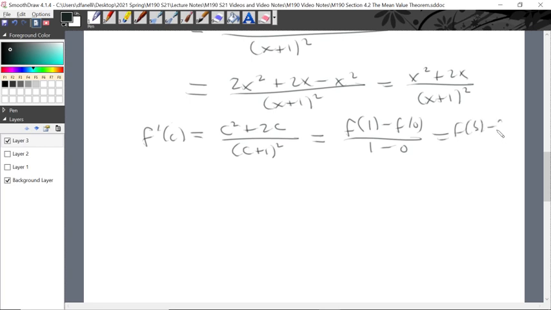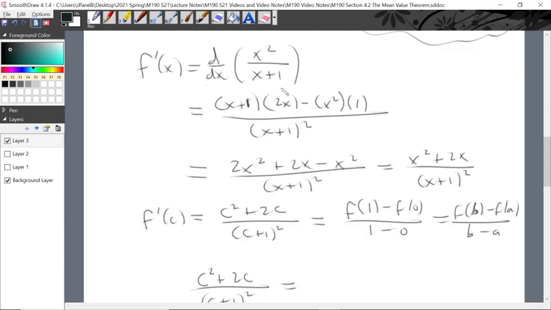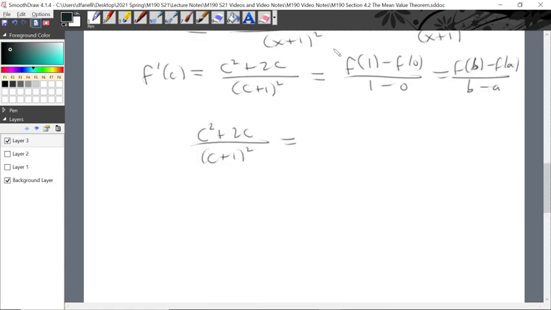The function f was x squared over x plus 1. So f of 1 is 1 squared over 1 plus 1, which is 1/2, minus 0 squared over 0 plus 1, that's just 0, over 1 minus 0. So this is equal to 1/2 minus 0 over 1, which is just 1/2.